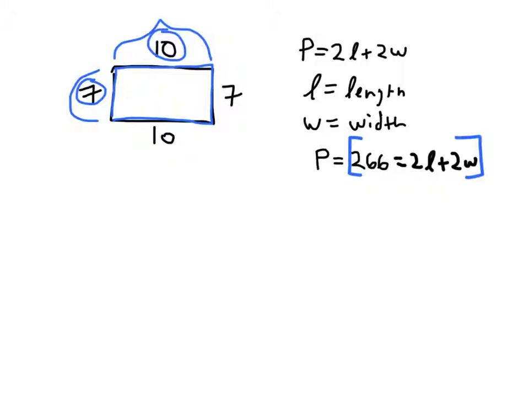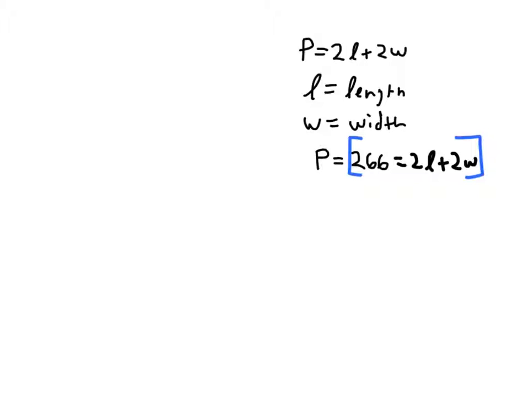And then they say that the length is 35 feet more than its width. So they don't give you the width, and they don't give you the length either at all. So you're going to have to kind of figure that stuff out as you work through the problem. And then they say, find the dimensions of the court. So when they say find the dimensions of the court, that basically means what's the length and what's the width of the court.